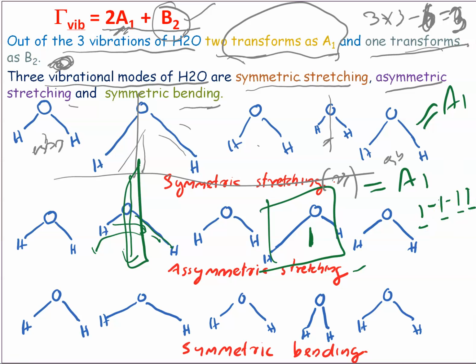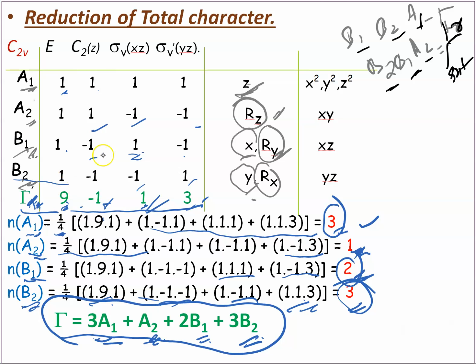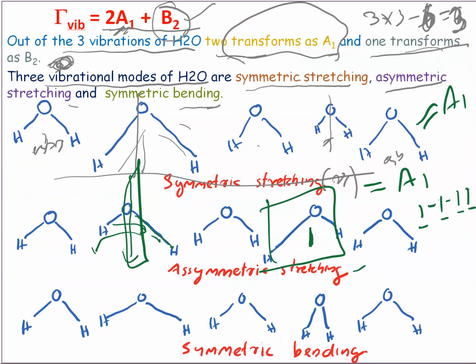Look at the character table. The characters we got are 1, -1, -1, 1. That is B2. Okay, that means the asymmetric stretching vibration has symmetry of B2, or asymmetric stretching transforms as B2, or asymmetric stretching is the basis for the B2 irreducible representation.